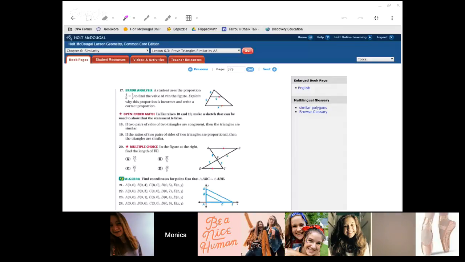Okay, Lily, so for number 18, it wants you to draw a diagram that would prove number 18 wrong. So what it says is that if two pairs of sides of two triangles are congruent, then the triangles are similar. But what it doesn't say is anything about the angles, right?